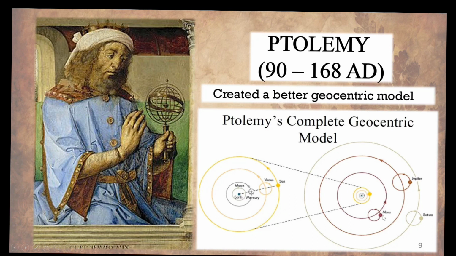Then outside, we have Mars, followed by Jupiter, and then Saturn. This is the model of the universe as designed by Ptolemy. You can see that the Sun is in between Venus and Mars.